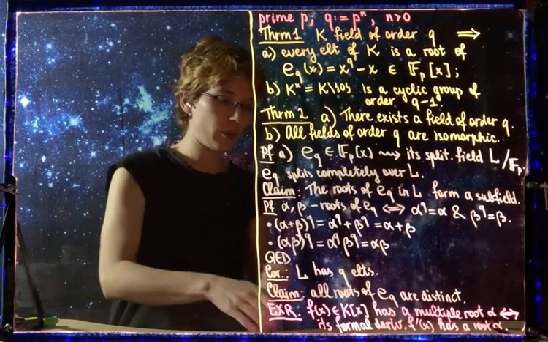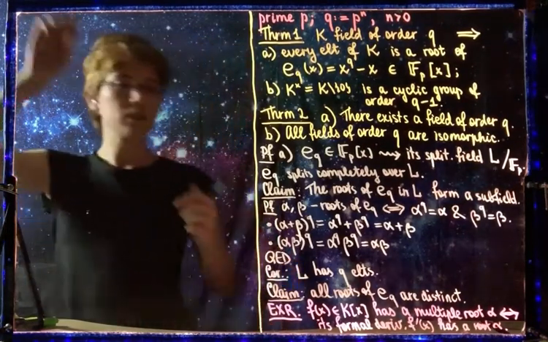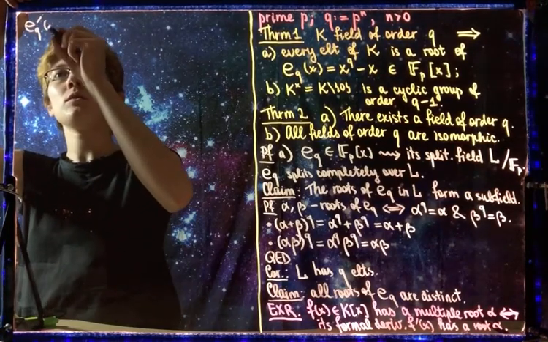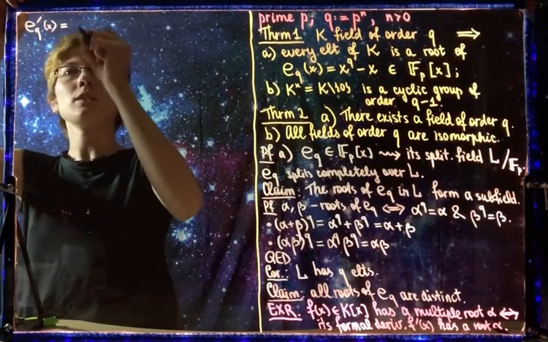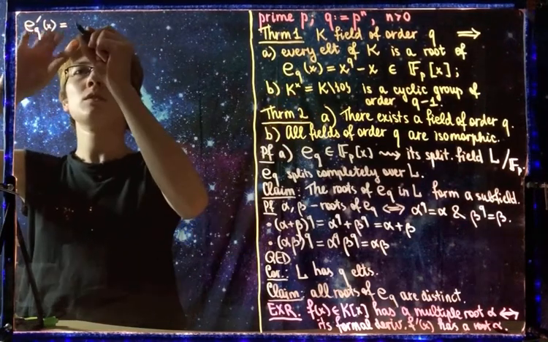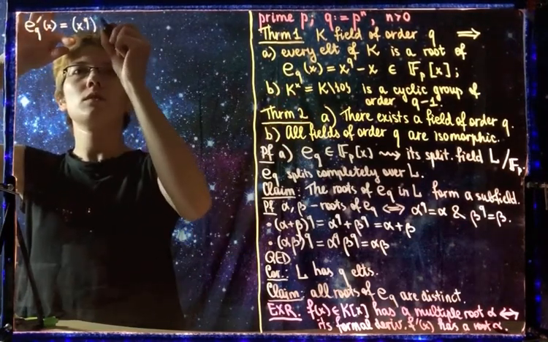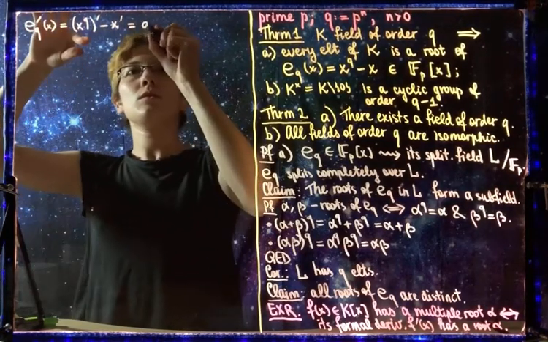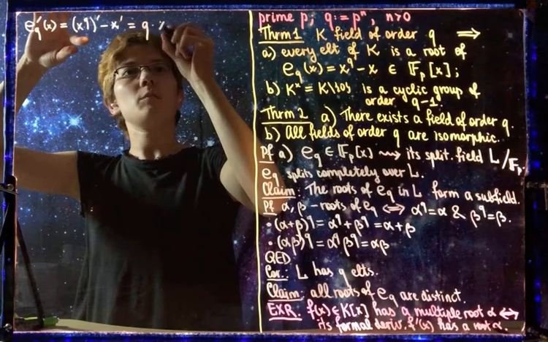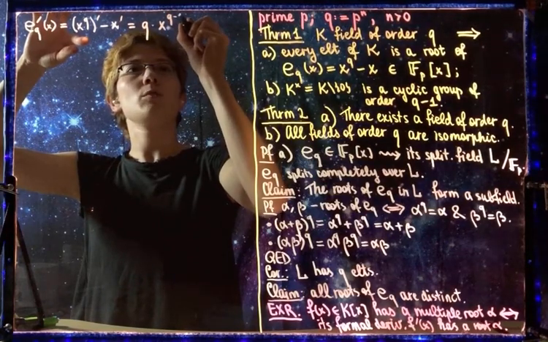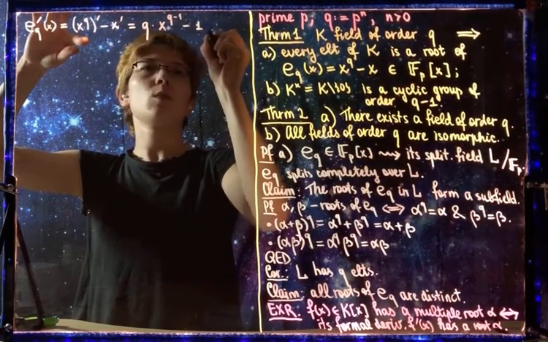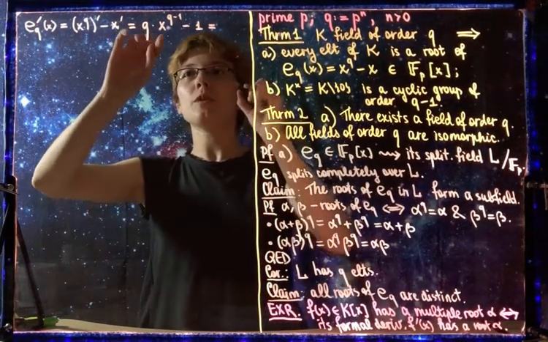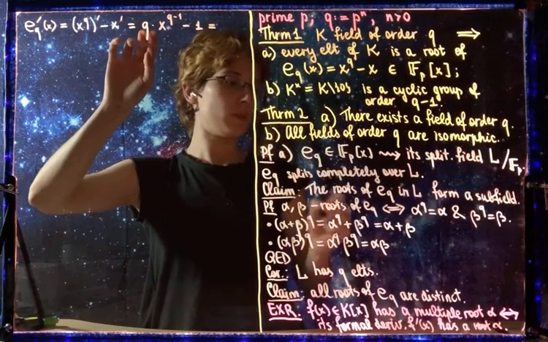And now I use this fact, I apply it to the polynomial E sub q. E prime of x is equal to q times x to the power q minus 1 minus 1. Q is a multiple of p, so it is equal to 0 over Fp.